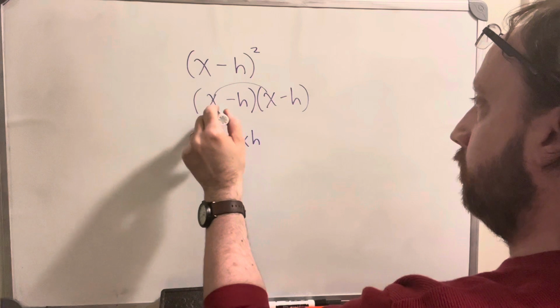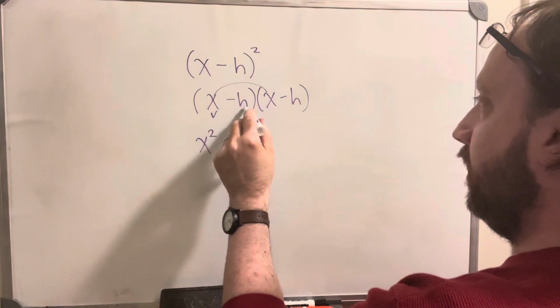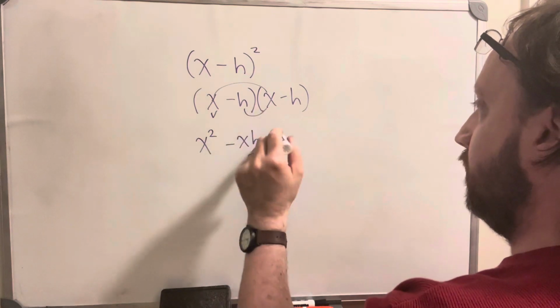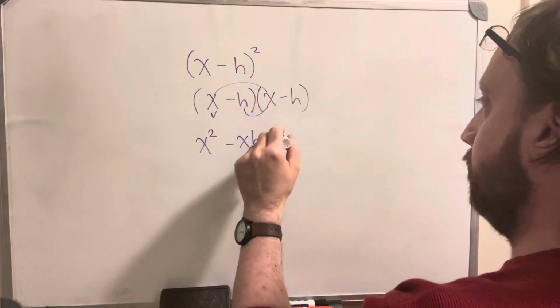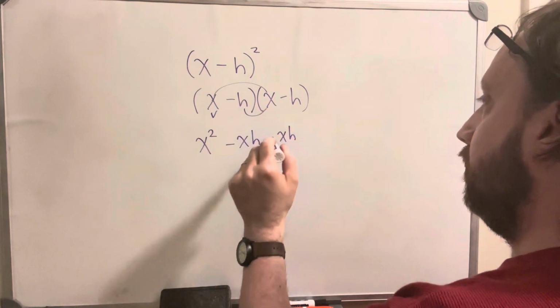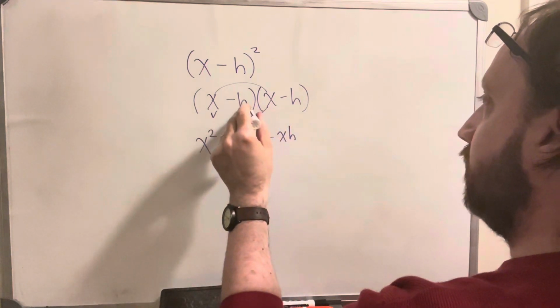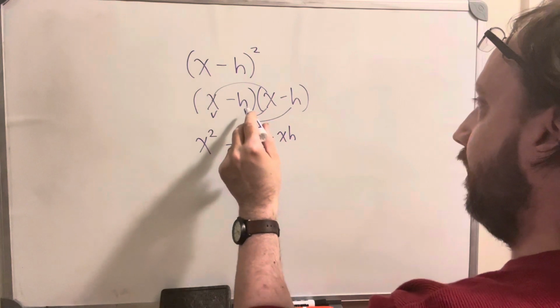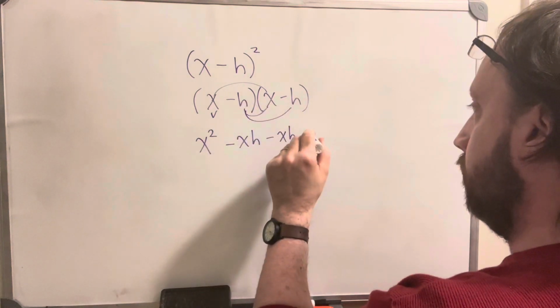Now you're done with this one. Now we're doing minus h times x, minus xh, or hx, it's the same thing. Now minus h times minus h is plus h squared, right?